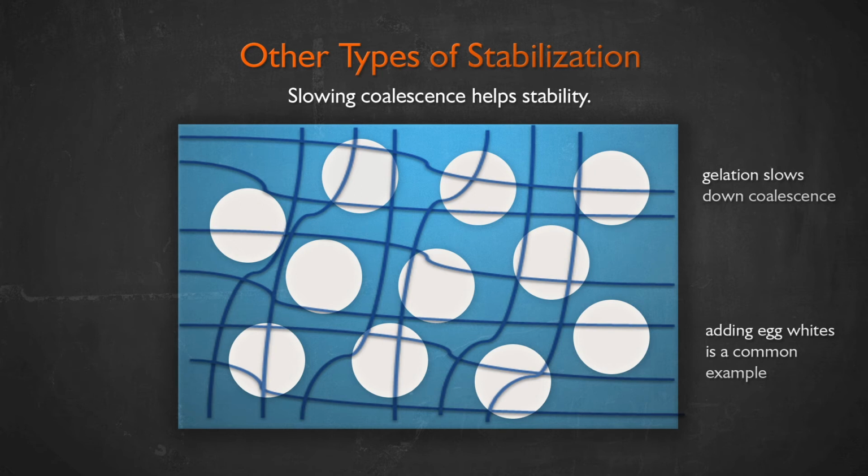A mousse is a foam where the continuous phase has been gelled. You can add some gelling agent to form it into a gel, or you can freeze it, or you can solidify it, like having something that's a fat and having air drops in a fat to solidify it just by lowering the temperature. But if you solidify the continuous phase, you can prevent the air drops from creaming and the foam from breaking.